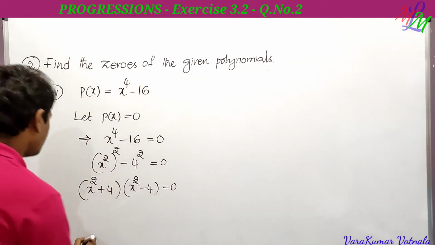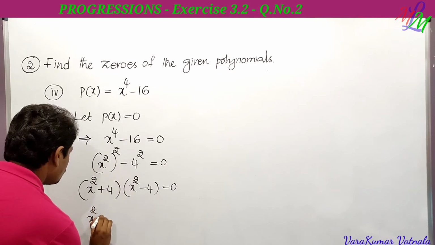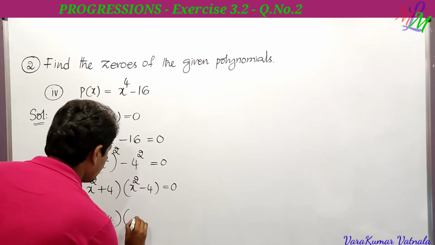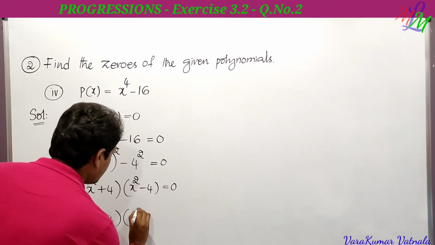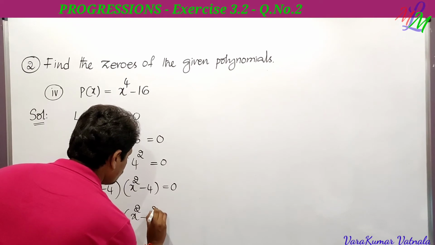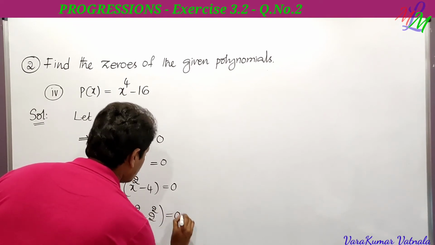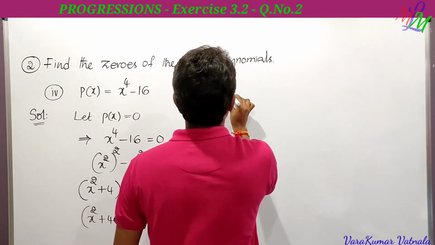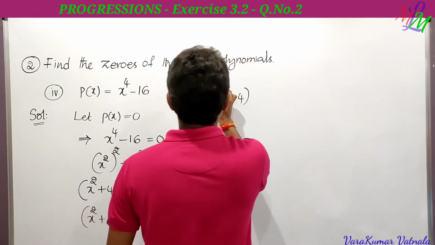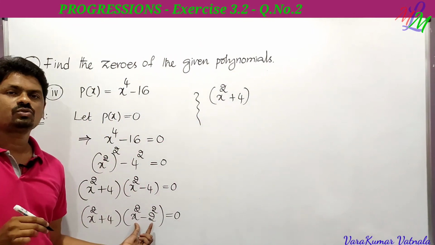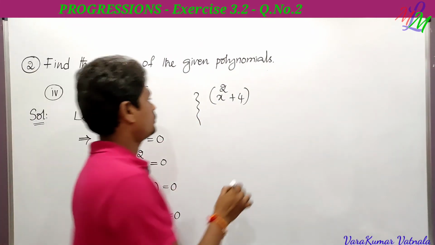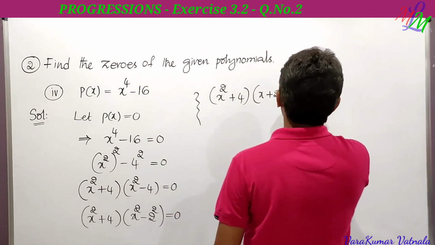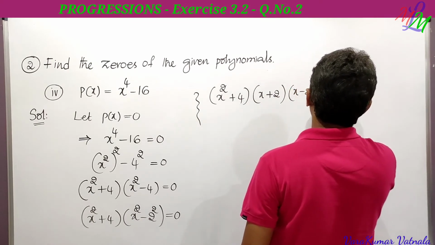Here x square plus 4 as usual, but x square minus 4 I am writing as x square minus 2 square. Again it is in the form a square minus b square, so a plus b into a minus b, that is x plus 2 into x minus 2 is equal to 0.